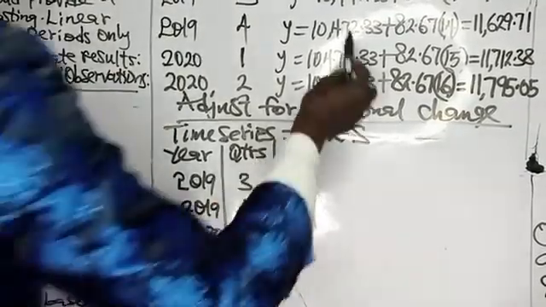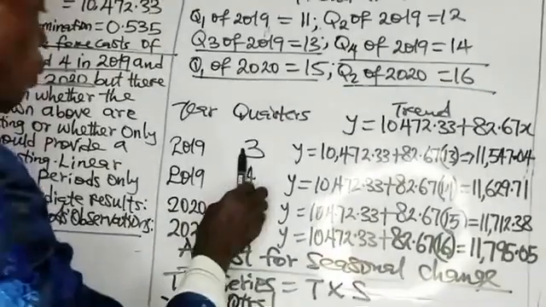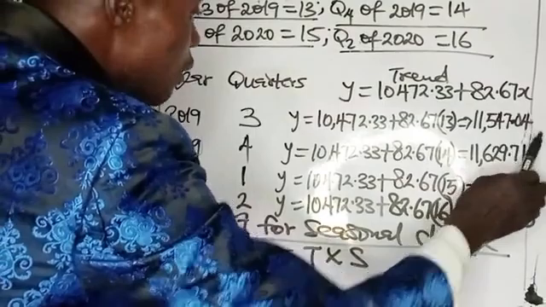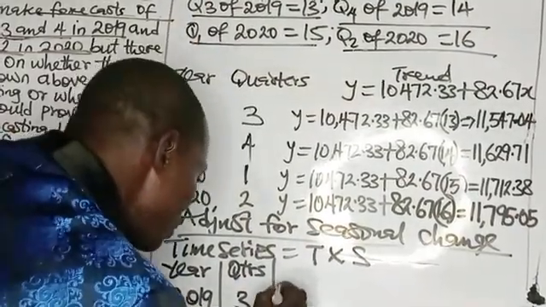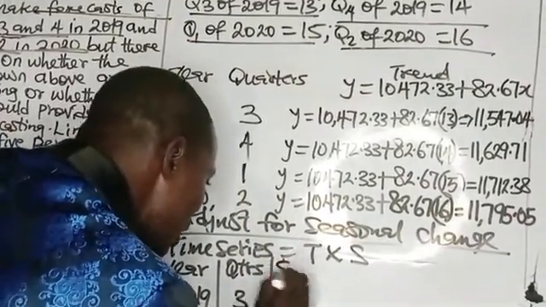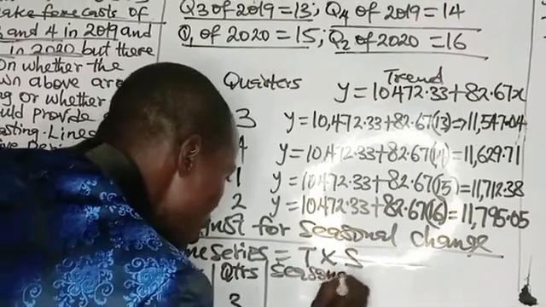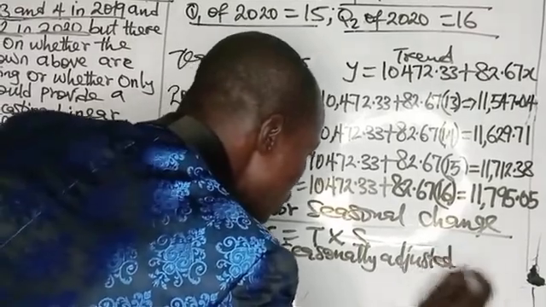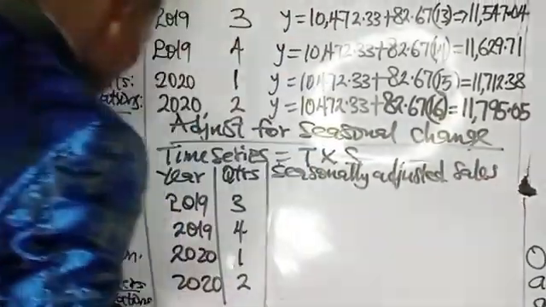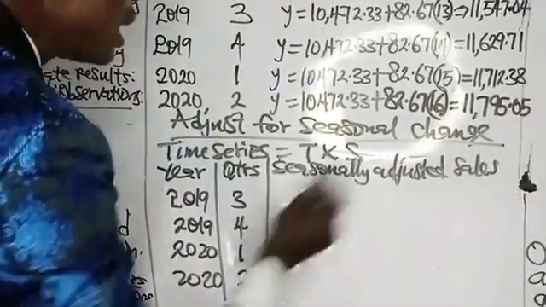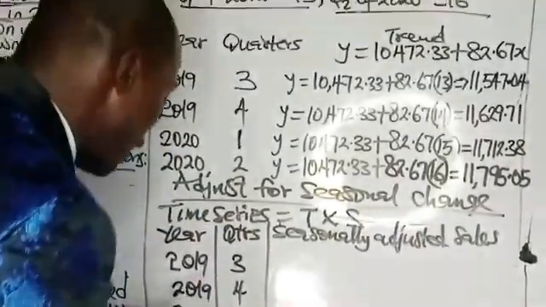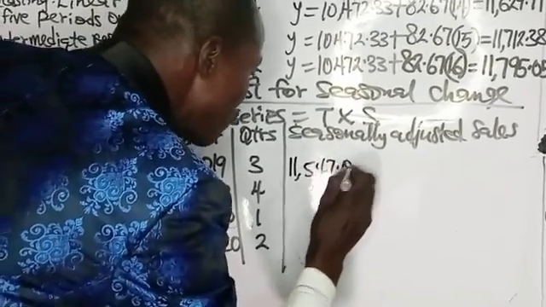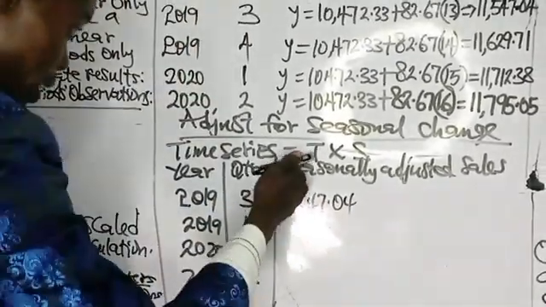Then, the sales forecast for quarter 3 of 2019 is 11,547.04, before seasonally adjusted sales. So we have 11,547.04. That is the trend.